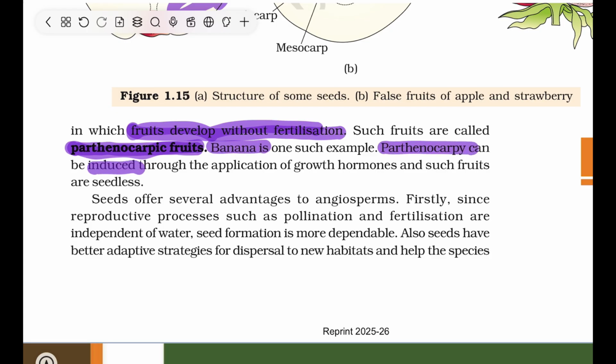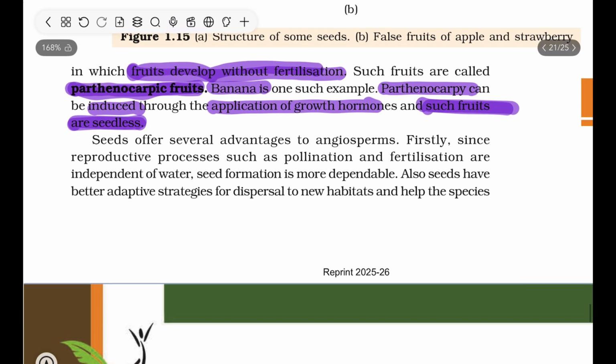Parthenocarpy can be induced through application of growth hormone. Basically, the fruit formation without fertilization can be induced by the external application of growth hormone, for example, gibberellin, right? That is also a growth hormone. And such fruits are seedless, definitely, because no fertilization has taken place. So how can a seed form? So that's why they are seedless.